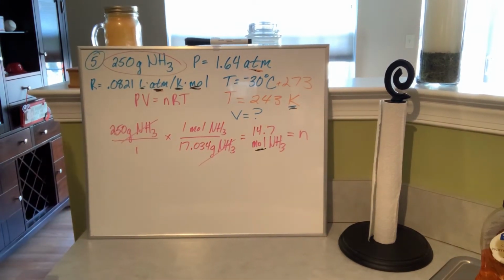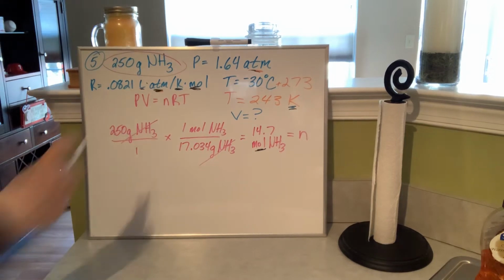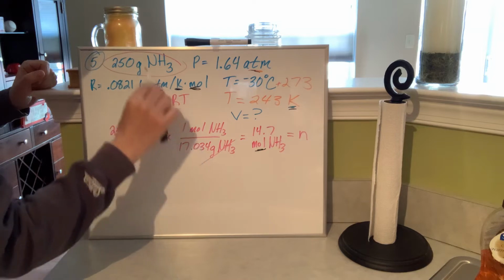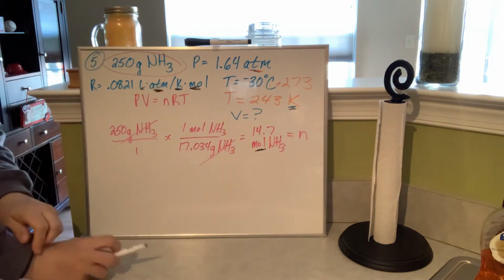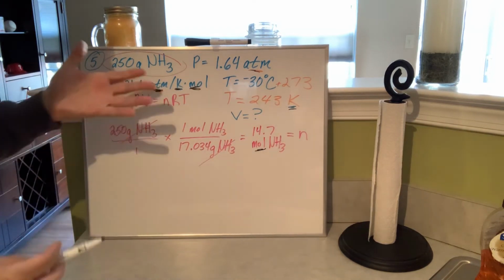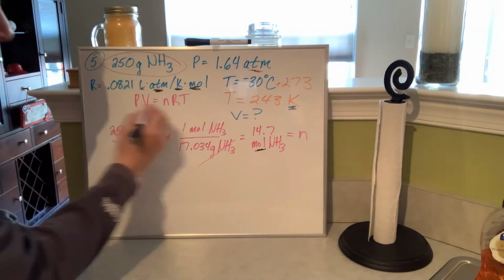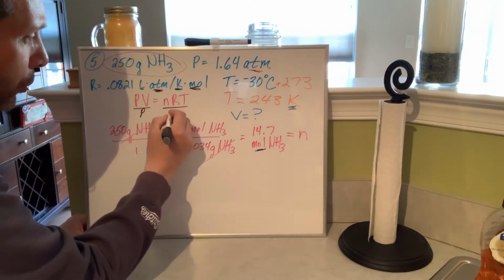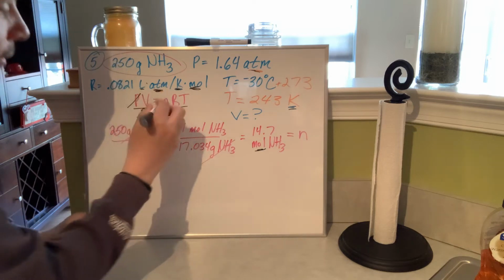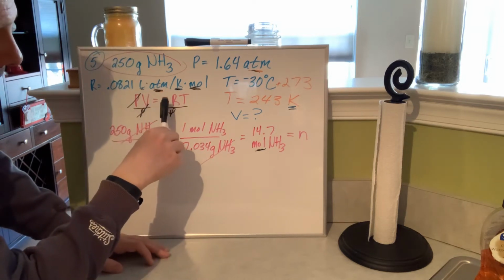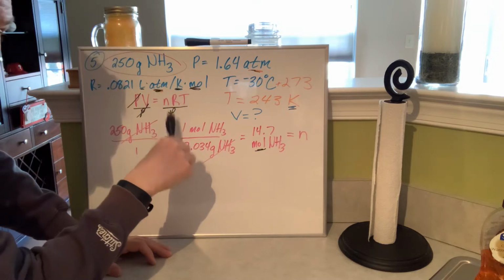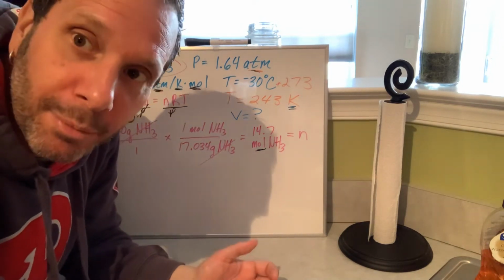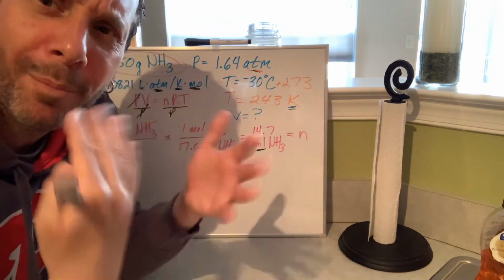All right, so algebraically, you can do two things. You can plug in P, plug in N, plug in R, and plug in T, if you want, and then figure it out. Or you could just say, well, PV is equal to nRT, so if I divide by pressure on both sides, I'm going to have volume is equal to N times R times T divided by P. That's what I think is easier, although when I show you some of my answers, sometimes I work them out either way.